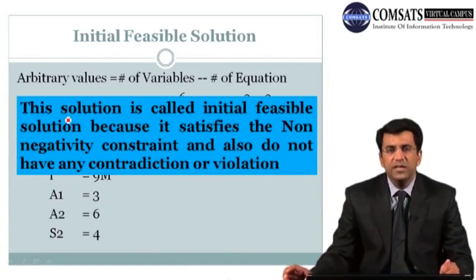In order to deal with this sort of contradiction and violation, we introduced some artificial variables, and then we used the big M method and we introduced a big quantity M in order to reformulate our objective function. And then again we use a similar method by putting some of the values of our variables to 0, and in this way we have some initial solution.